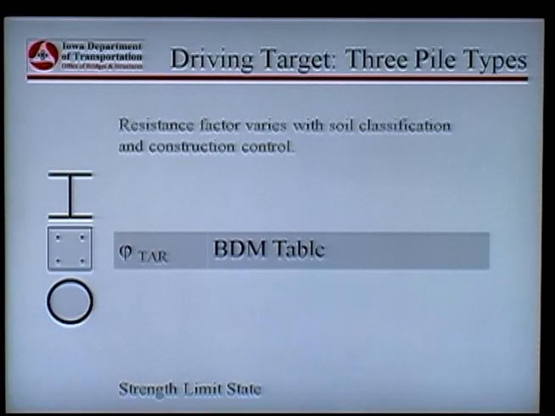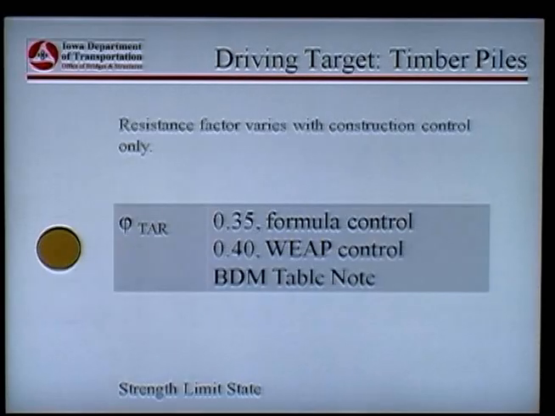For the driving target, again, there will be a table in the bridge design manual, similar to the tables that have been used to date. Just to point out again, we have a relatively low target value for timber piles for driving purposes.